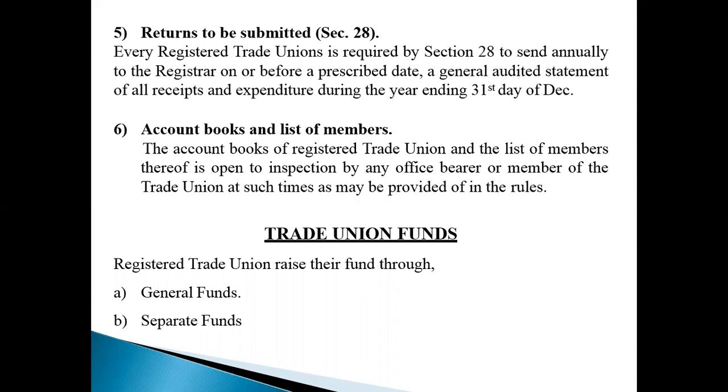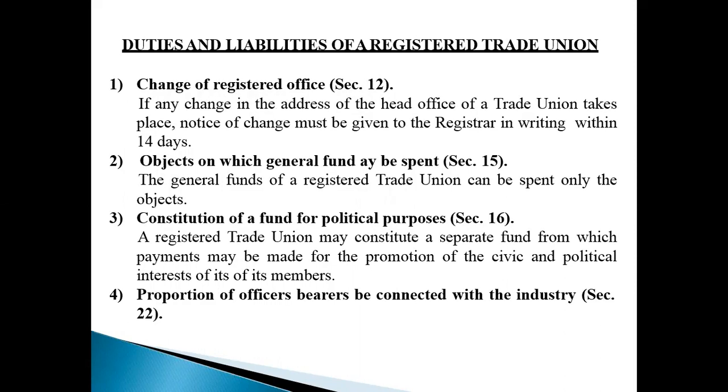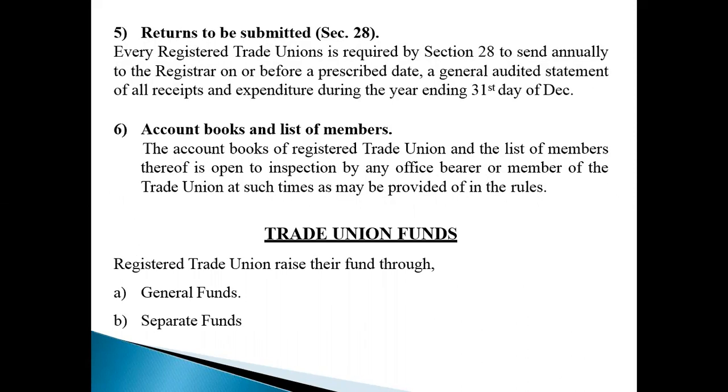So under this head of account books and list of members, the trade union's books should be inspected by any office bearer and member of the trade union from time to time. Their account books should be checked as per the rules provided under this particular section, right? So these are all the responsibilities and liabilities that a registered trade union has, right?